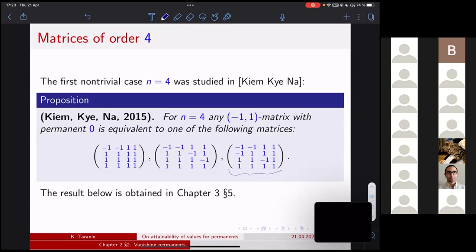Then changing the sign is 2 to the power n. Yeah, but you see, some of them might coincide. Right. But for large n and for general matrices... for small sizes, it should be counted by hand.